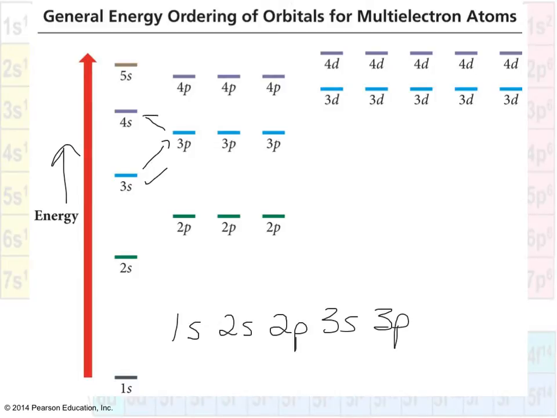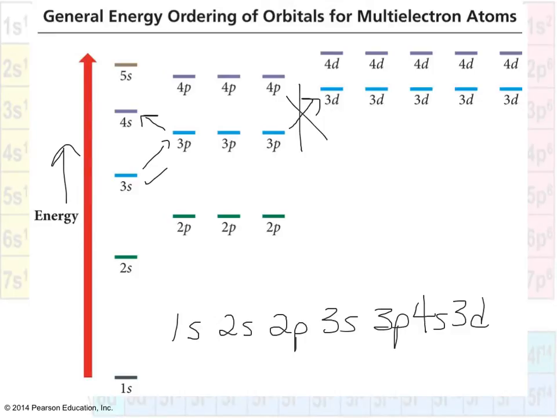Now this is what's a little bit odd. If you haven't done electron configurations before, you might think, why are we not going from 3p to 3d? This is just an anomaly that you need to memorize. The 4s orbital is lower in energy than the 3d orbital.